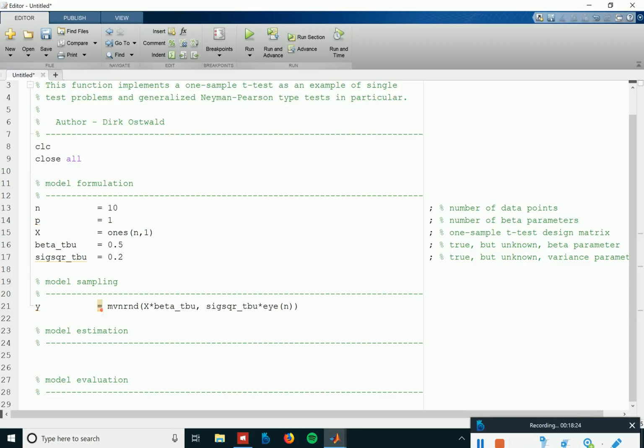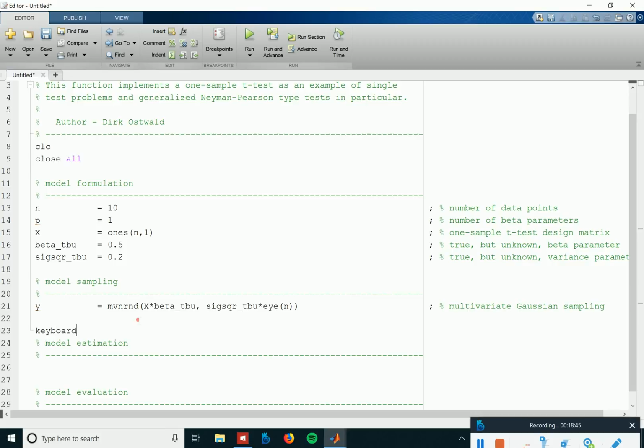So the expectation parameter and covariance matrix parameter of this multivariate Gaussian sampling, something like that. Let's see how that works.